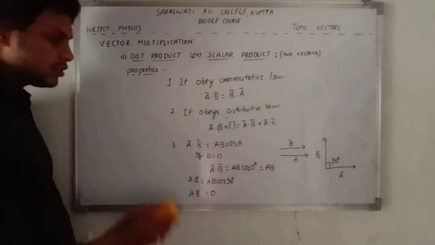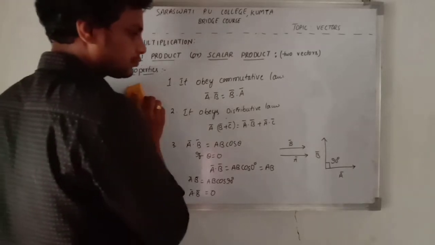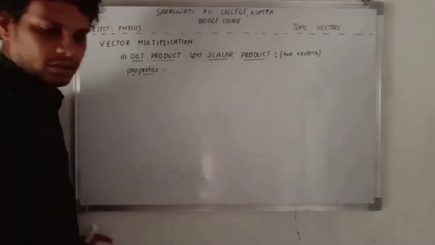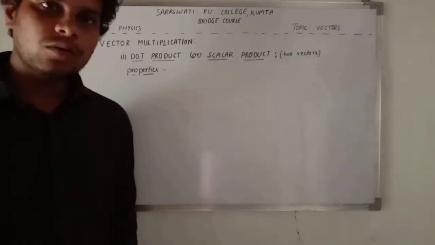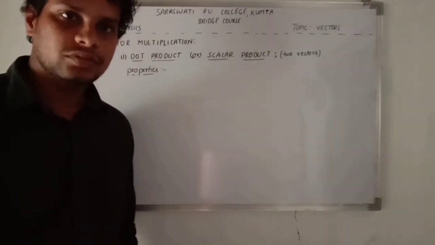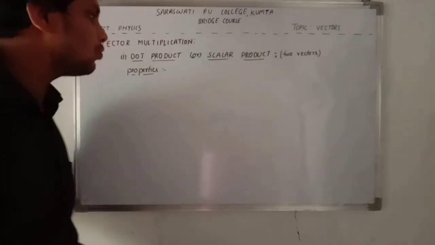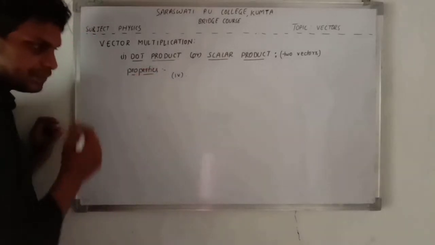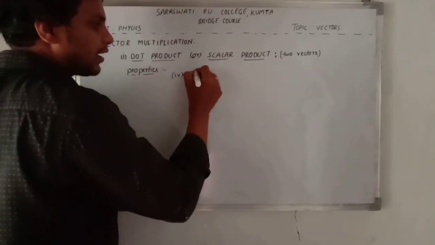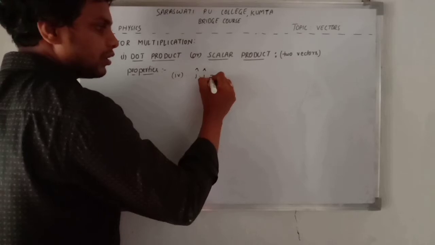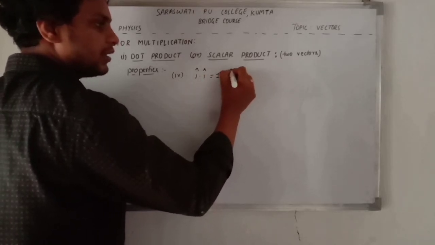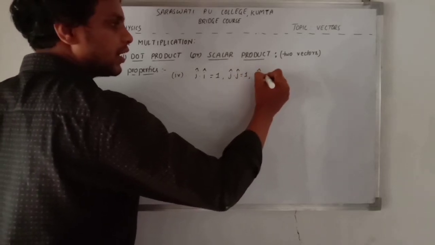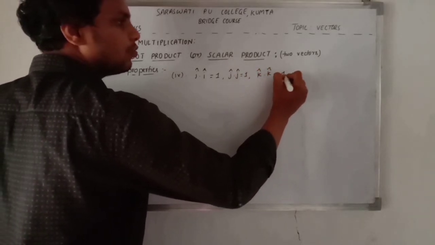Now we'll go for the next property. If you take the dot product of a vector with itself, for example, I'll take the fourth property, i cap dot i cap is equal to 1, and similarly j cap dot j cap is equal to 1, and k cap dot k cap is equal to 1.